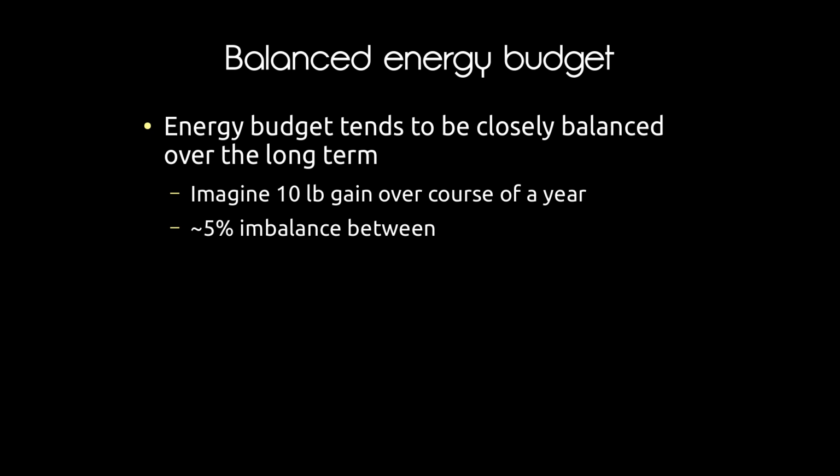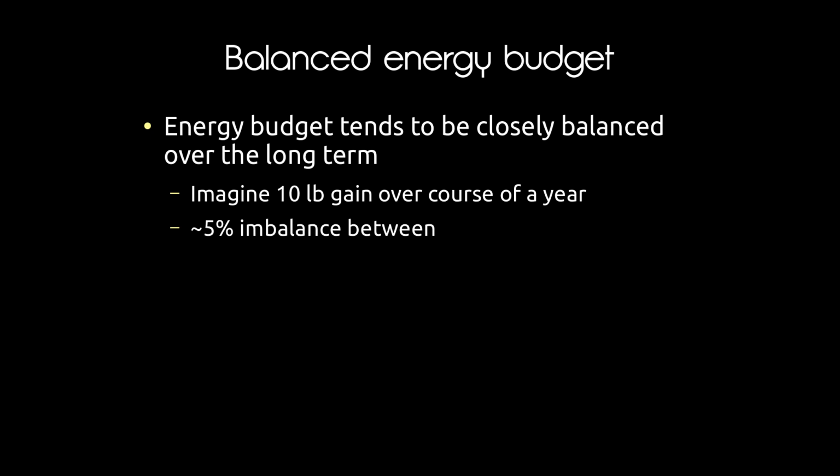However, over the long term, energy budgets tend to be very well balanced. Imagine your professor, Kurt Onthink, were to experience about a 10-pound weight gain over the course of this upcoming year. Now, that's a really massive weight gain, and it would be incredibly unhealthy for me to do that.